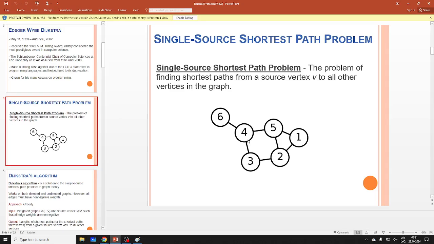But for now, we have a single vertex where we start, and we want to find all the shortest paths. So if we had not read any theory about this, how would we go about it? The first way would be brute force search. You just look at all solutions and find which one is shortest.